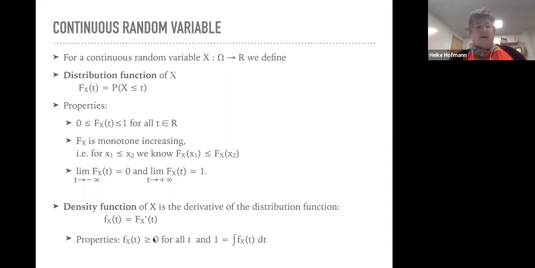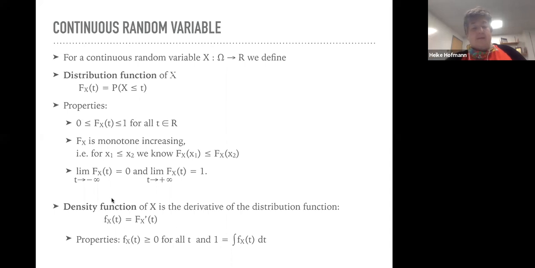It's a positive value. And if we integrate over all densities, we get a value of 1. So if you think back to the probability mass function, the probability mass function is a little bit like a density function.